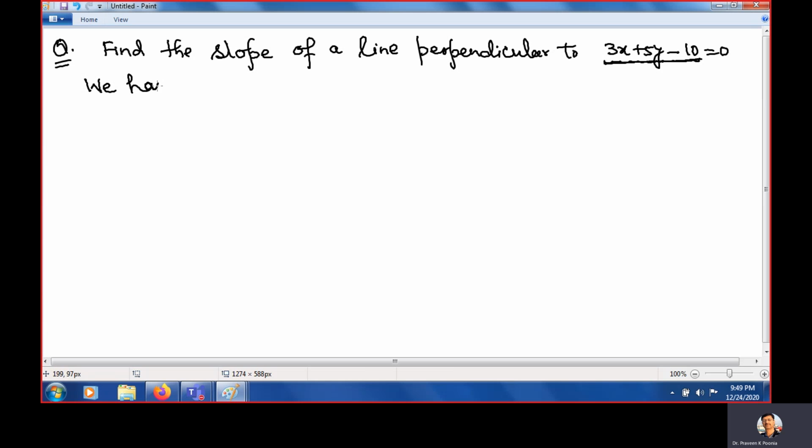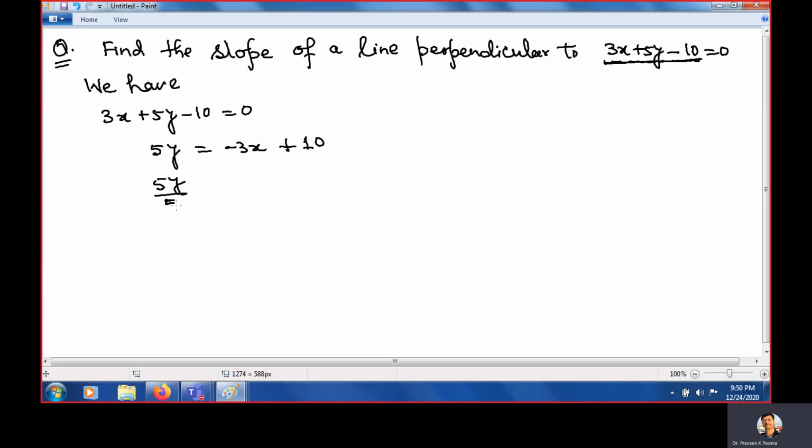We have 3x plus 5y minus 10 equals 0. Now you need to find the value of y. 5y equals minus 3x plus 10, and divide by 5.